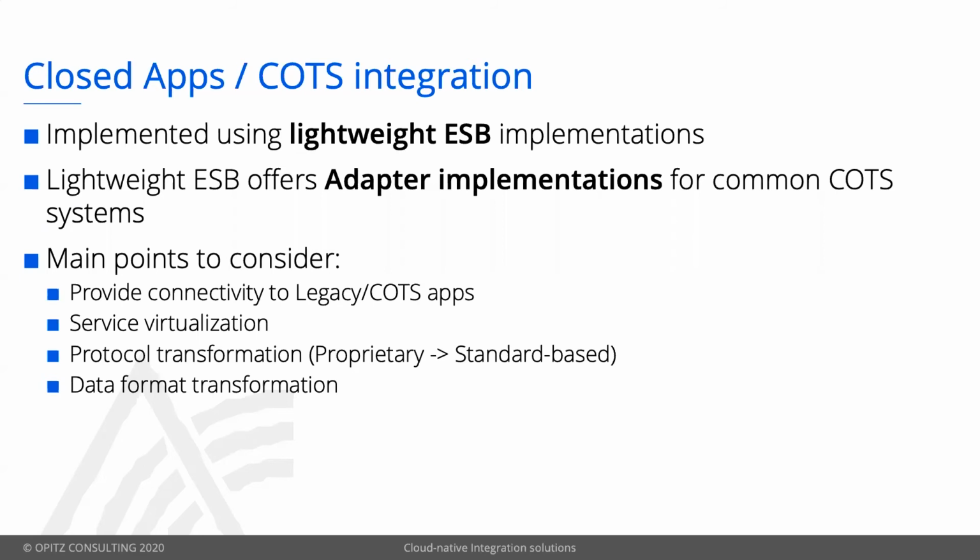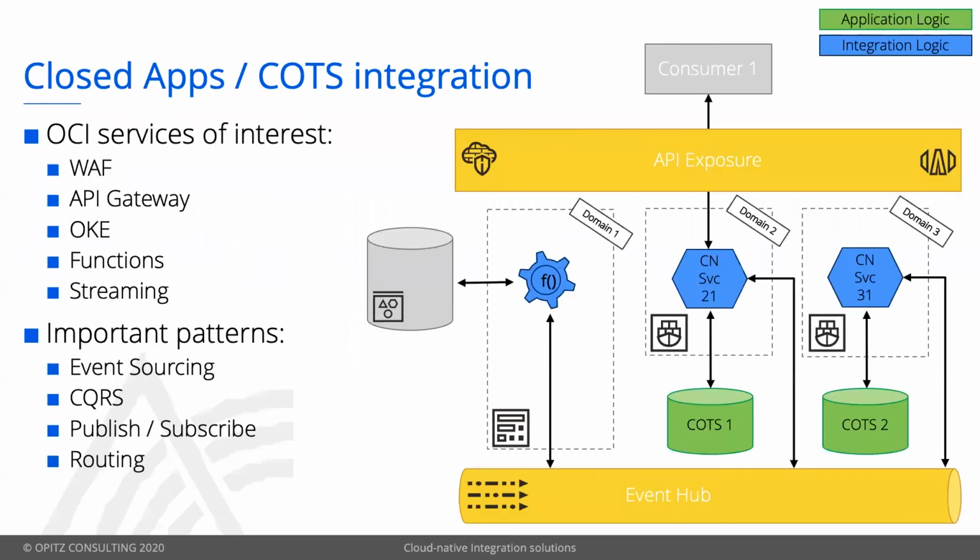If they have an API, they have most of the time very technical APIs, and we don't want to expose those technical APIs to anyone. So we need some kind of translator in between. Maybe also those systems don't speak the same language, so we need some kind of protocol transformation and also data transformation. So how can we do that?